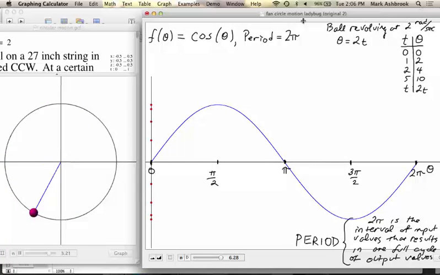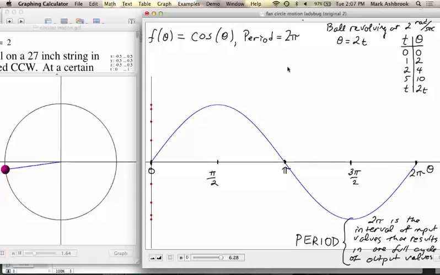What's the period of sine? What is the interval of input that gives one full cycle of output? Still 2 pi. Okay? So this is the key value we're going to use in order to find every other period of every other sine and cosine function. We're always going to start with 2 pi, knowing that cosine has a period of 2 pi and sine has a period of 2 pi, which allows us to then calculate other periods. Okay? And we'll see that in a second here.